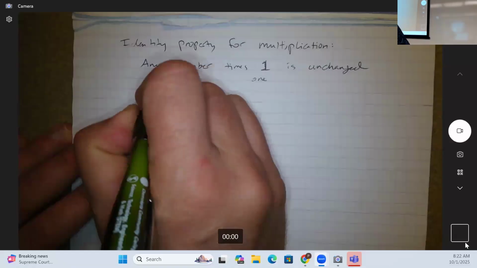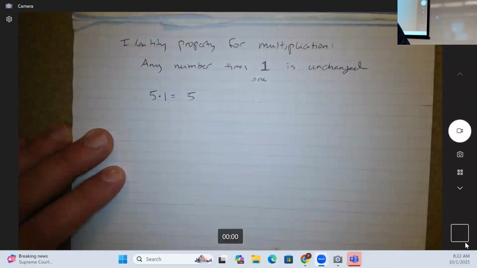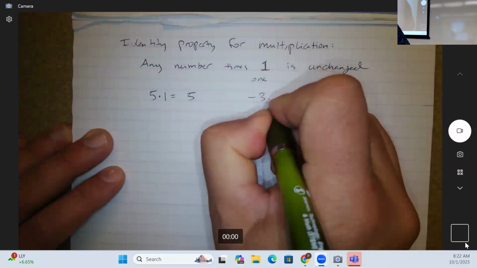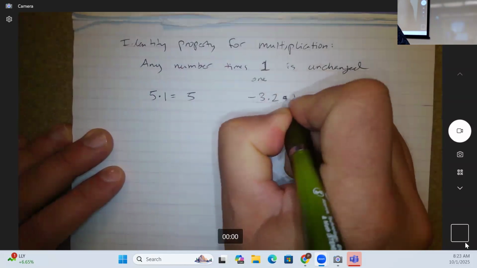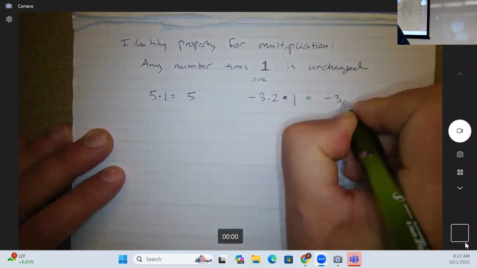So if I take 5 times 1, I still get 5. If I take negative 3.2 times 1, I still get negative 3.2.